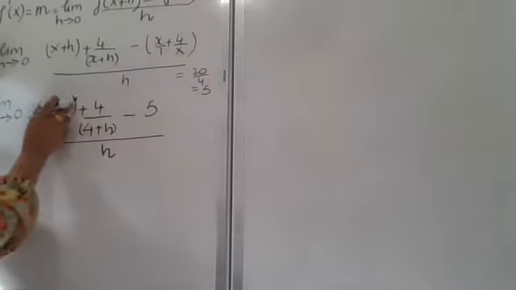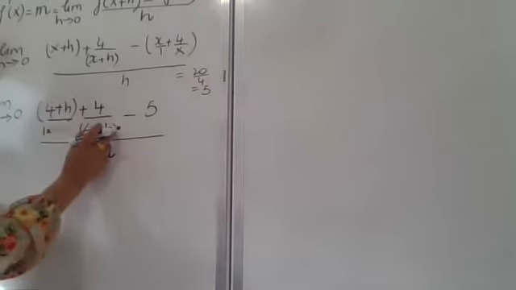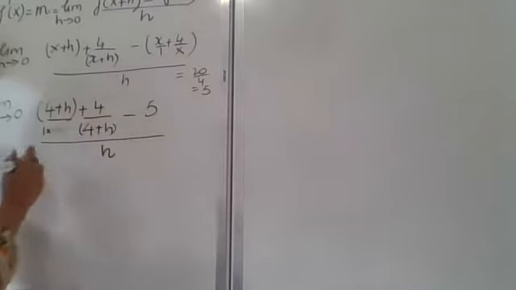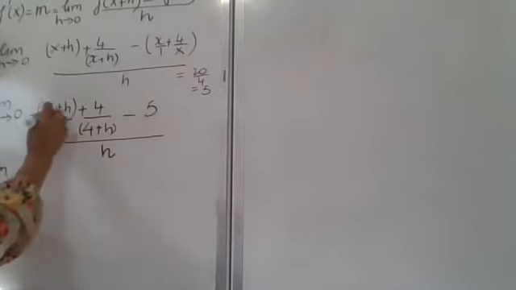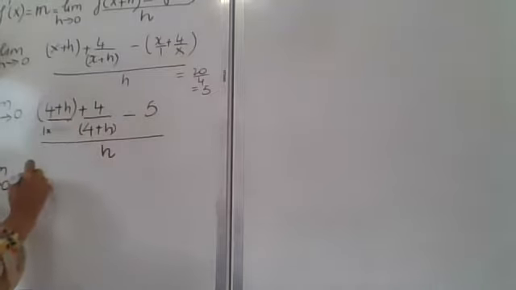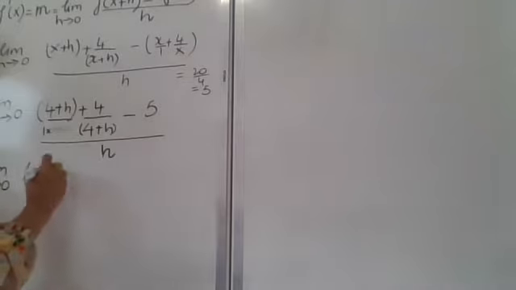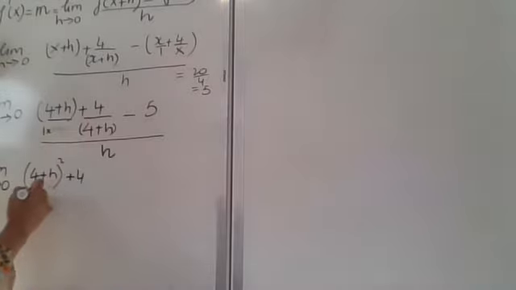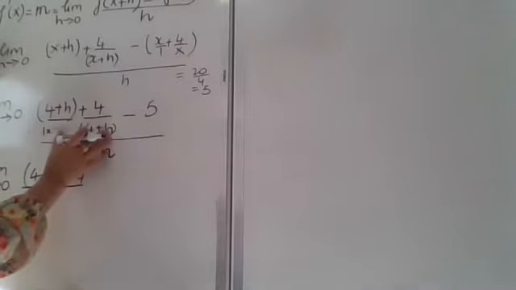So this bracket is 4 plus h times 4 plus h to get the common denominator, right? So this will become 4 plus h times 4 plus h, which is 4 plus h all squared. You can put it like that as well. Adding with 4 and all of this over the same common denominator.